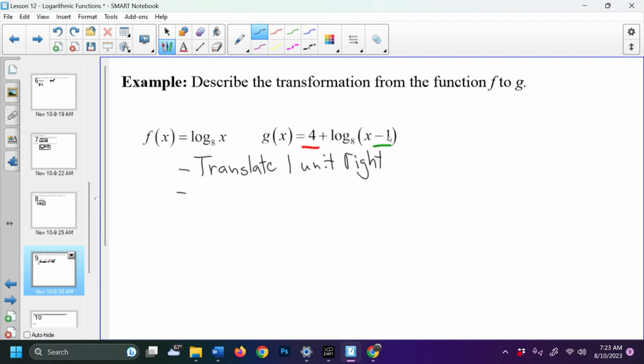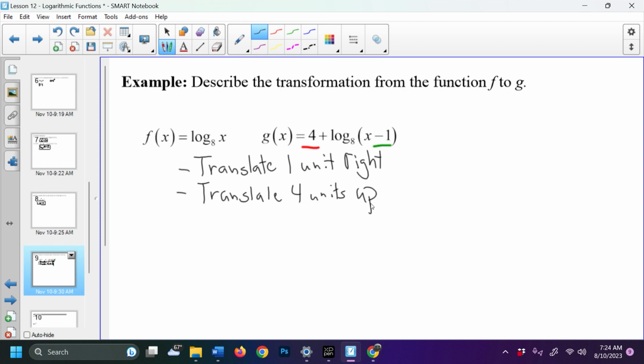After I have subtracted 1, then I will take the logarithm, that is the function, and then I will add 4. So if I'm doing anything after the function, I'm doing it to the y values. So this says add 4 to the y values, which will be a translation 4 units up.